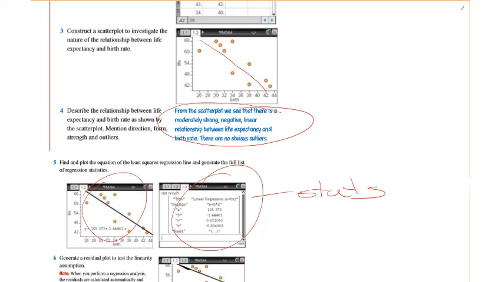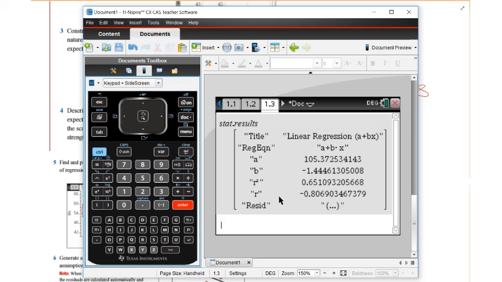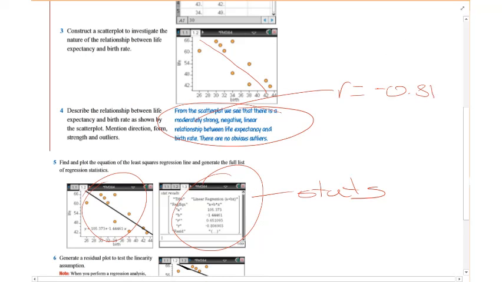I wouldn't give a definitive answer until I've looked at that regression line, but we're saying it's a moderately strong because R is negative 0.881. So it's below negative 0.75, in that strong category, and we've got no obvious outliers. So that's how you could talk about direction, form, and strength.